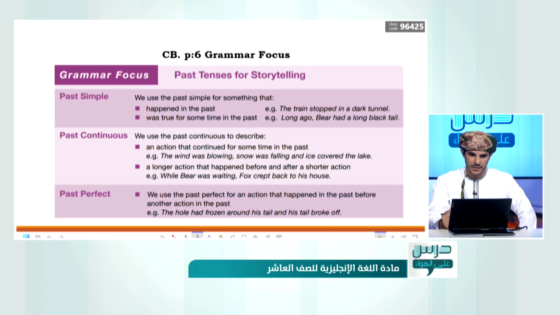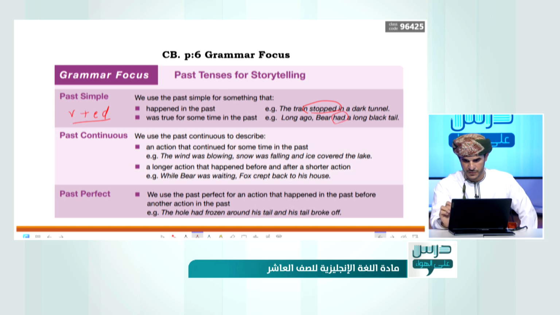Here you have some tenses that you have already studied before. This is just a recall of some tenses like past simple. You know what's past simple? Which is the verb plus ed. Like what here? Stopped and had.